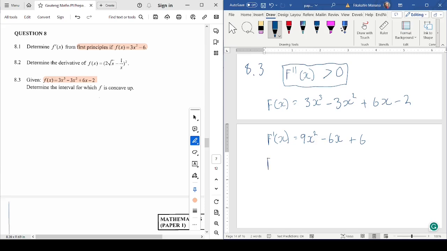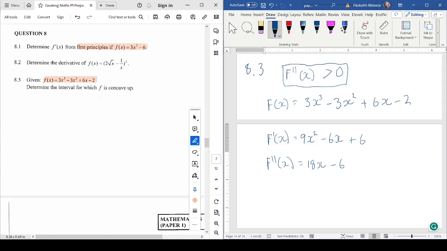The next one is the second derivative now. 2 times 9 is 18, x to the power 2 minus 1 is just 1. There, 1 times 6 is 6, 1 minus 1 is 0, and there is no derivative for a number.